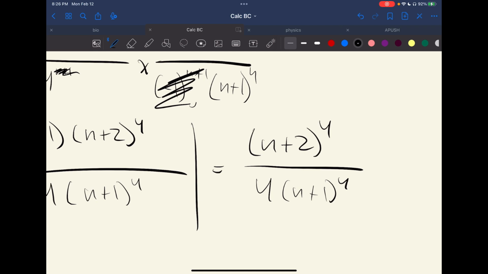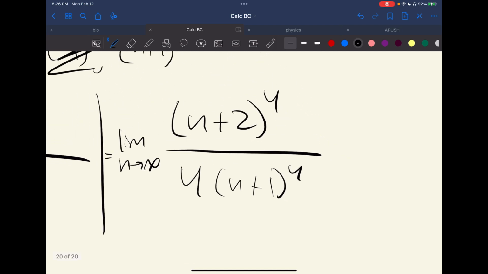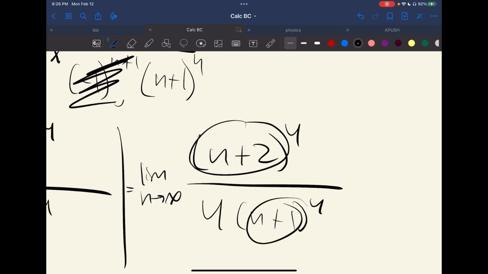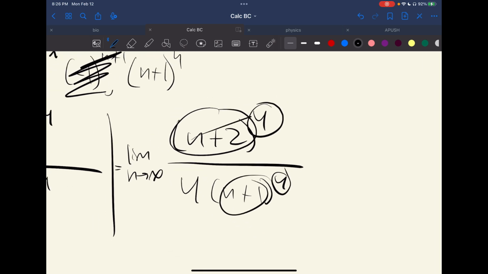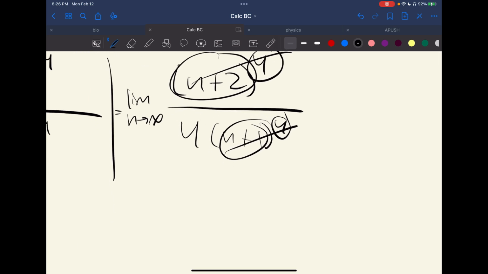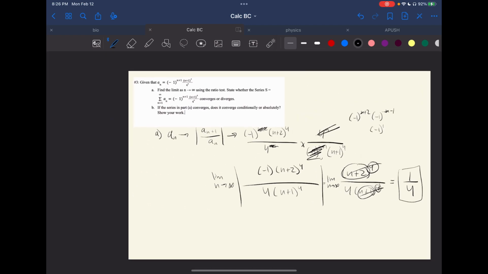Now, if you did the limit as n approaches infinity of this, since they're both to the fourth, they're both going to equal 1. They're going to cancel each other out. So all we have left is 1 over 4. So that's going to be the answer for the ratio test.